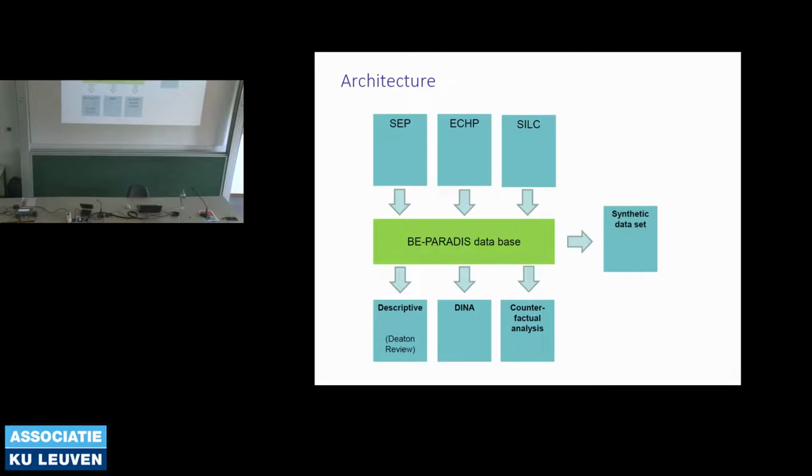And then we're going to do, let's say, three types of analysis based on our data set. A descriptive set of results, of which I'm going to show you, if time permits, a couple of first results in a couple of minutes. André's work with colleagues on the distributional national accounts, and then the counterfactual analysis that I hope will help us understand the effect of different changes in society.